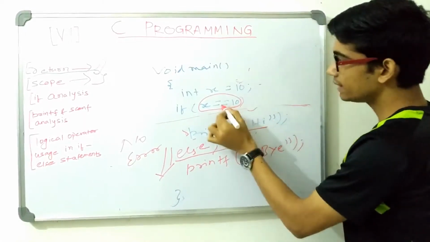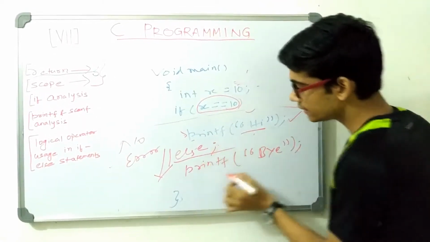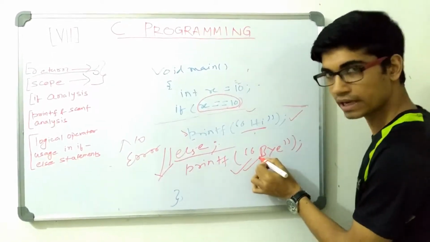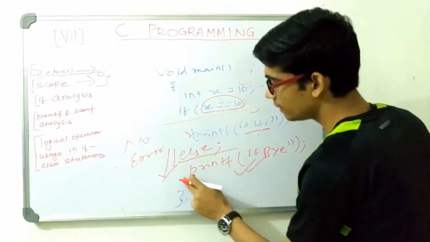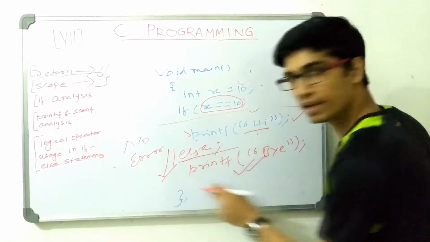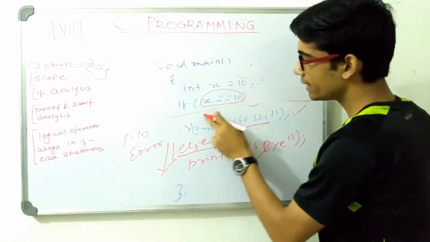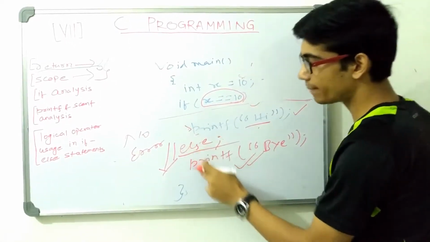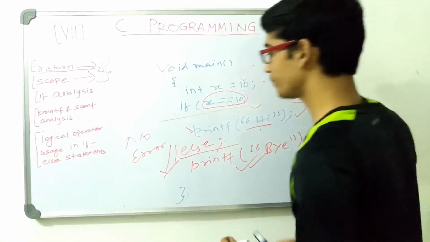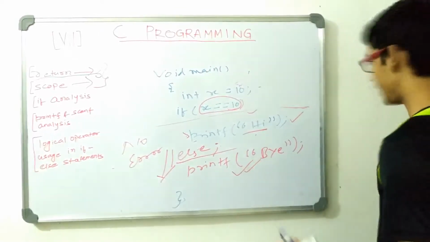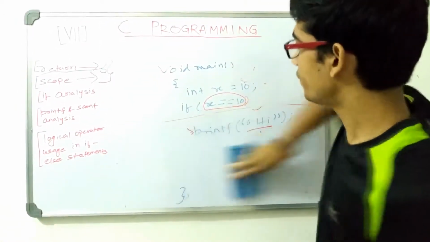Now this condition is true, so this is executed, this is fine, but when we close this, this will also be executed. So closing the scope of else will make the statement after else be executed. Even if the condition is true, both this statement and the statements after else will be executed. So this type of question is a bit confusing, so practice that and keep it in mind. So this was about closing the if and else block.